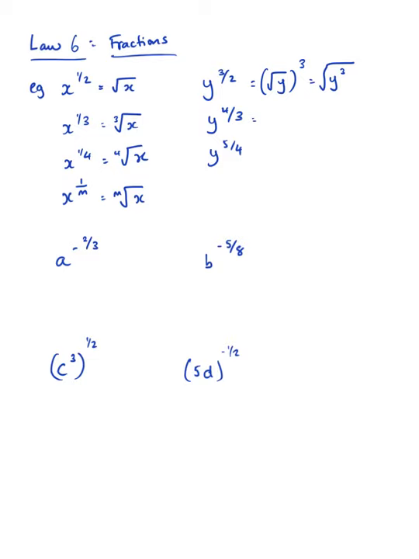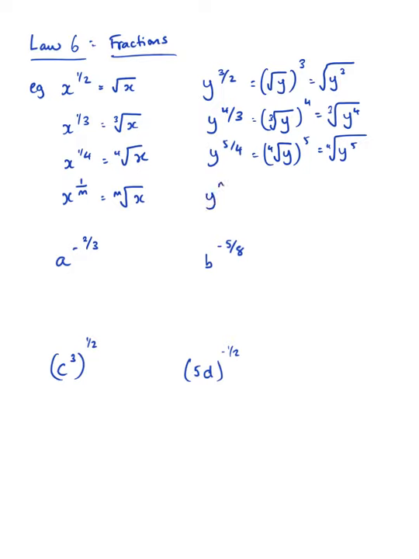So again, if we think about this one, I've got a 3 on the bottom, so I know that's going to be the cube root, the third root of y, and the whole thing is being raised to the power 4. We could also think about that as y to the power 4 and then find the cube root. So the same sort of thing is going to happen here. The fourth root of y to the power 5, or y to the power 5, and find that fourth root.